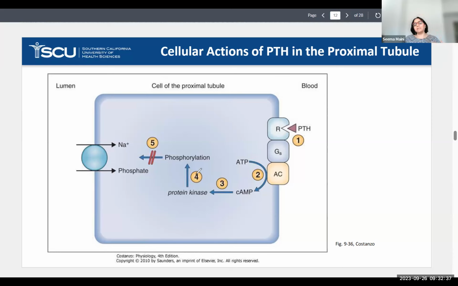There is a cascade which increases activity of the sodium phosphate co-transporter, and this is how phosphate ions are absorbed from the lumen of the proximal convoluted tubule and transferred to the blood on the basal side.